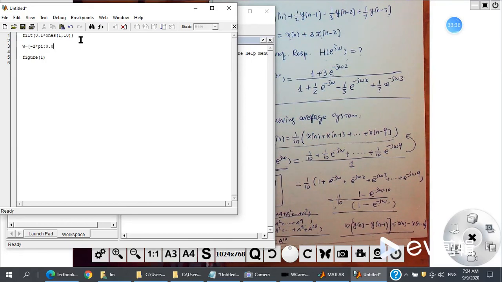That's too small, maybe slow. I use 0.4. Okay, that should be enough, from negative 2 pi to positive 4 pi.